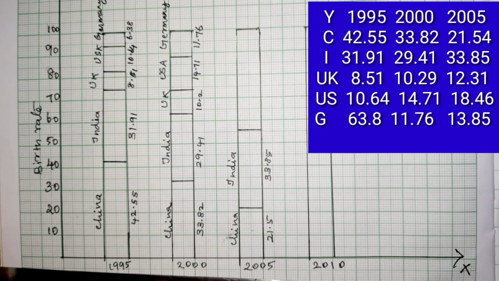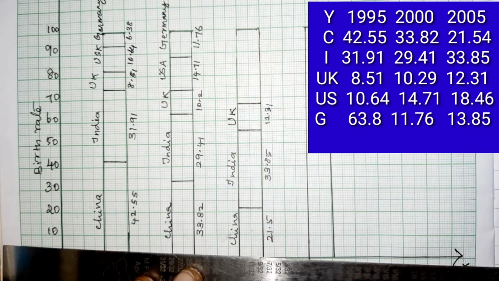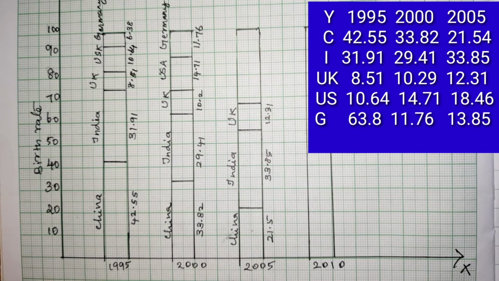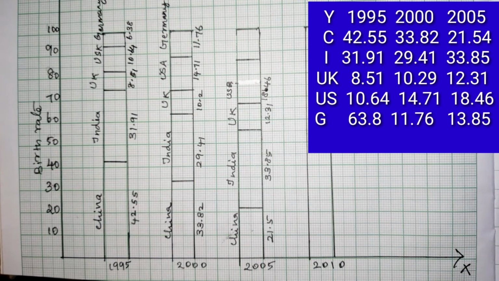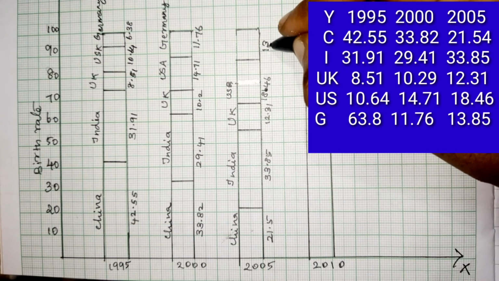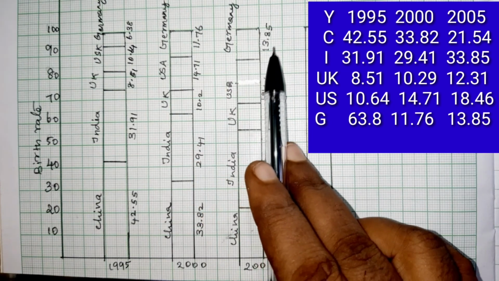For UK, the birth rate is 12.31, so you mark it at 67.7. For USA, the birth rate is 18.46, so you mark some point at 86.16. The remaining portion is for Germany, that is 13.85.